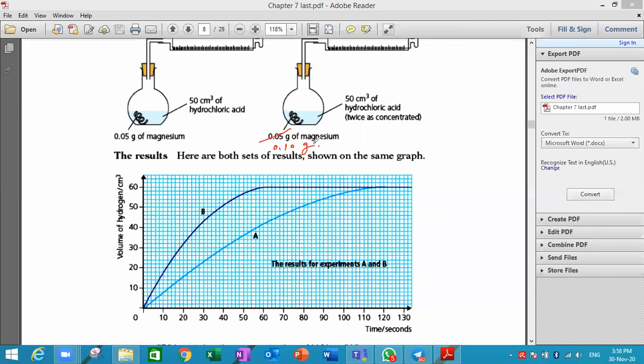Here we were using excess of the hydrochloric acid, isn't it? When we added 50 centimeter cube, we used excess of the hydrochloric acid.